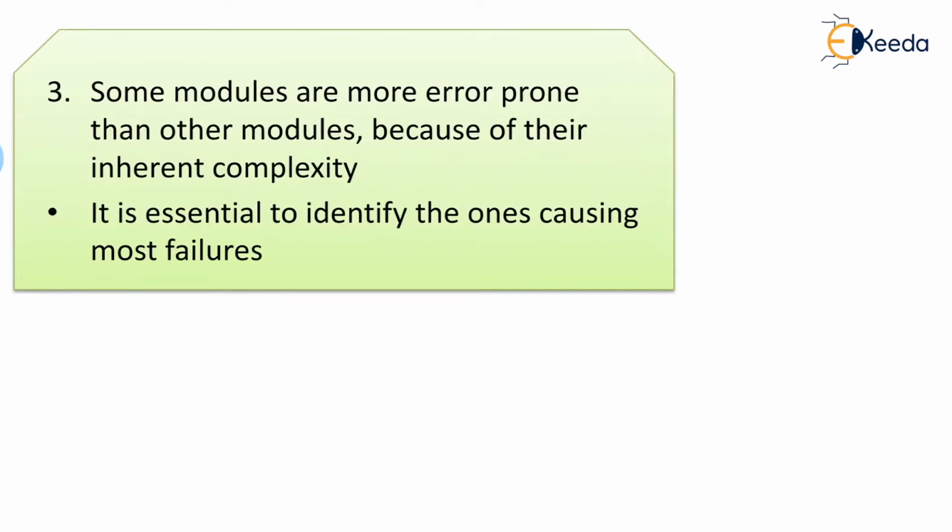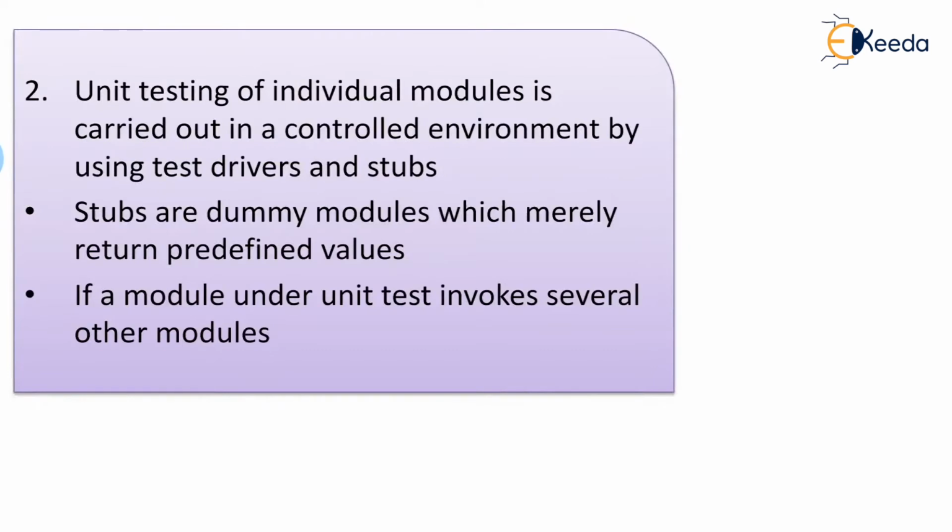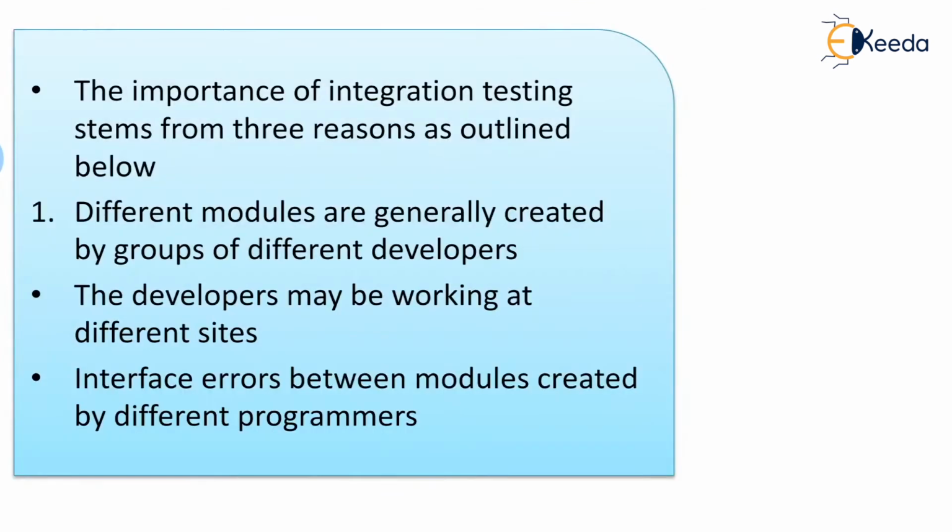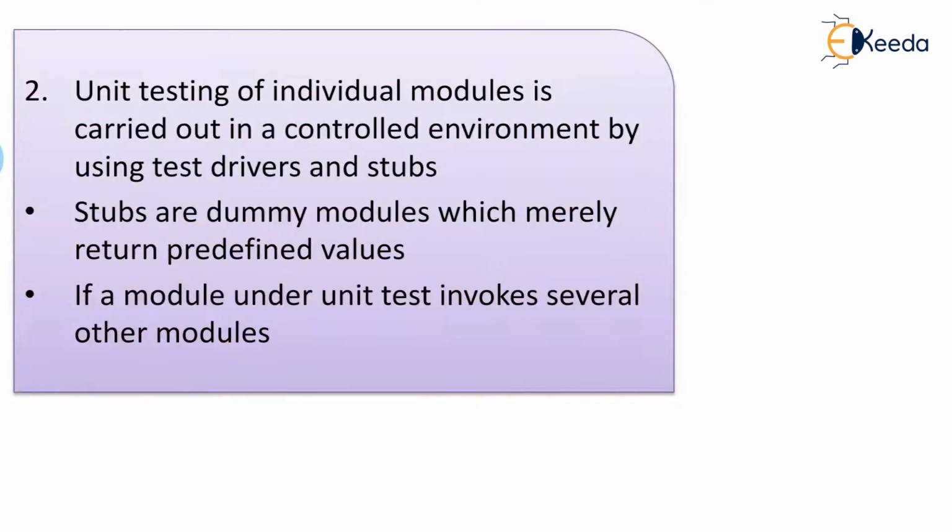Second, unit testing of individual modules is carried out in a controlled environment using test scripts and stubs. Stubs are dummy modules which merely return predefined values. Since they are being tested as a unit test, they are treated as stubs and drivers.